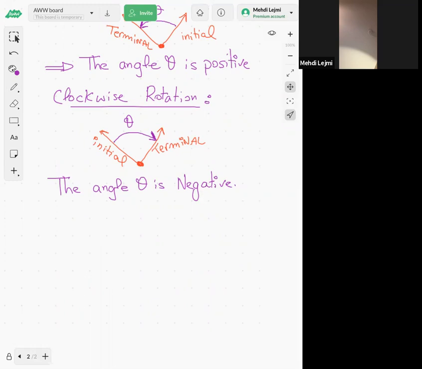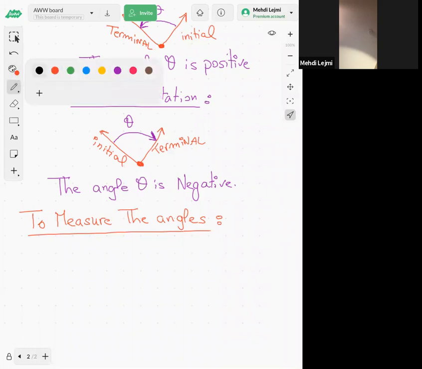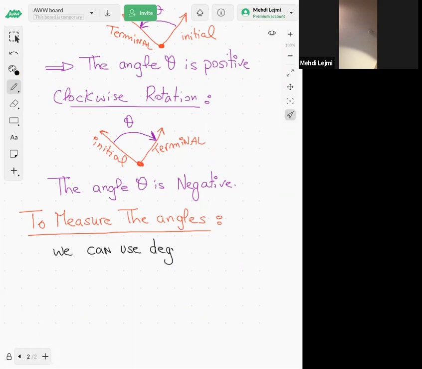So now we're going to measure angles, and we can use degrees or radians.